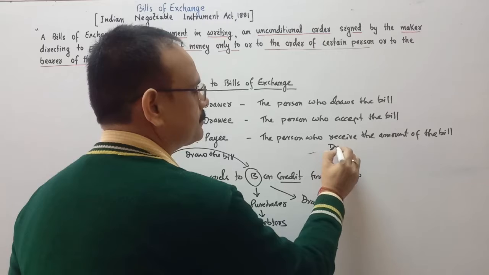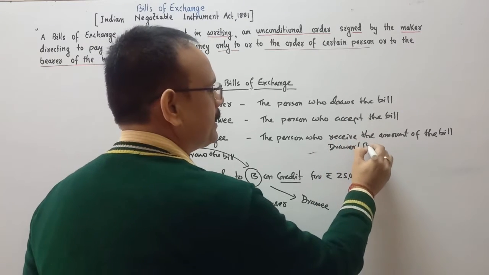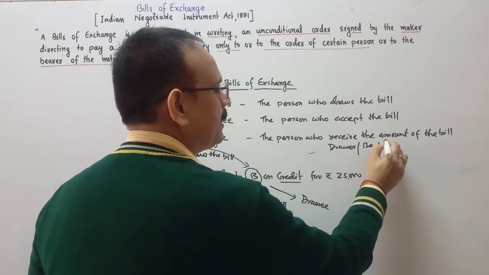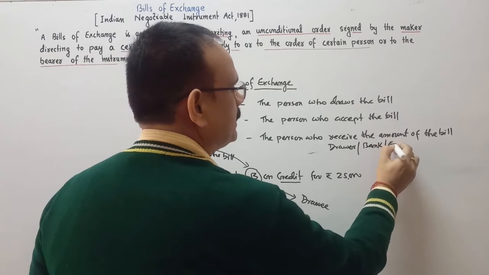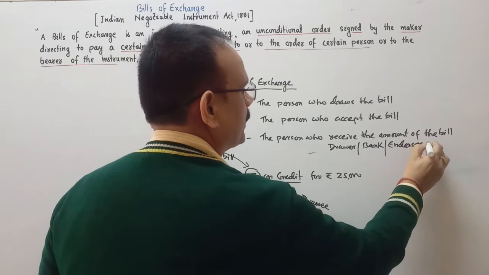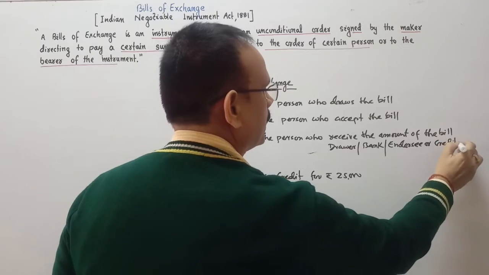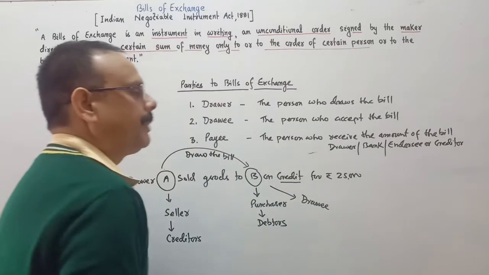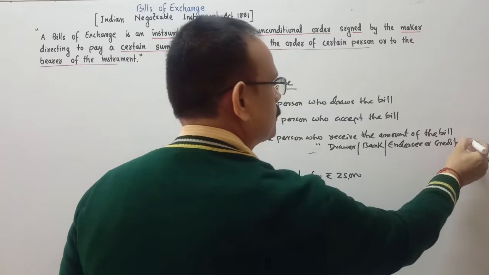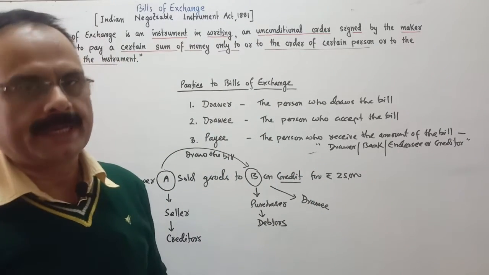If the bill is discounted, then the bank will be the payee. If the bill is endorsed, then the endorsee, or you can say the creditor, will be the payee of the bill. So it depends upon in whose hand the bill is on the due date.